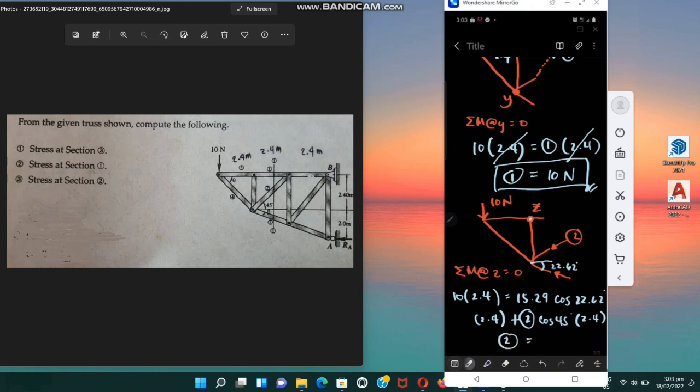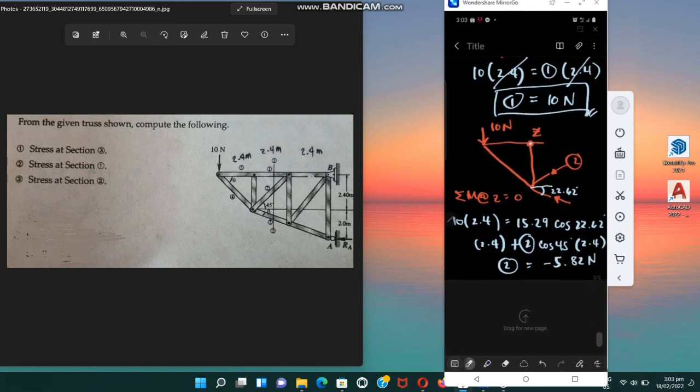So pila man using your calculator. So that is negative 5.82 Newton.